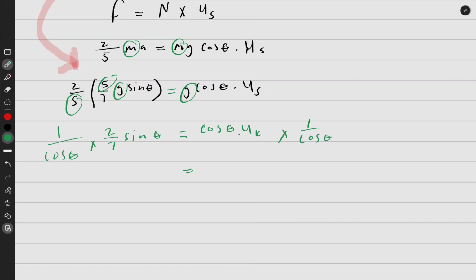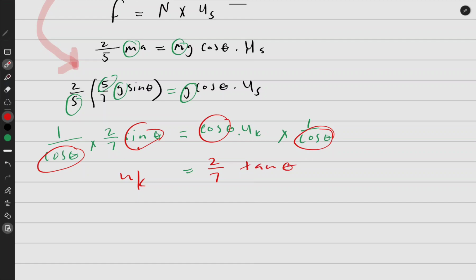Oh, I'll just cancel this one. Here I'll have mu s. Let me put it on that side, and this side I'll have 2 over 7 and sine over cos, which give you tan theta. So we just got a formula to use.